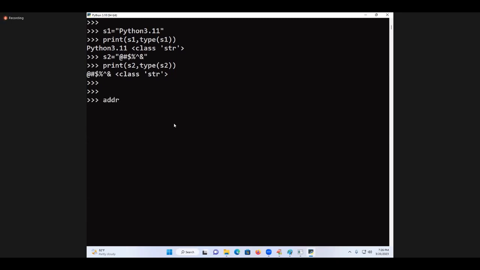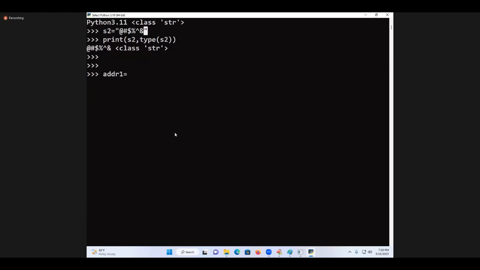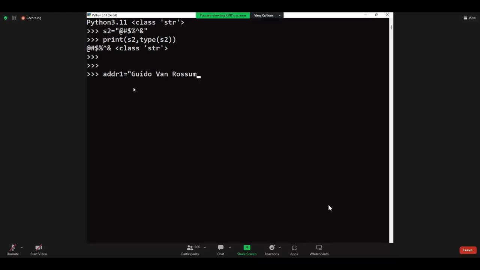See, ADDR1 is equal to, double quotes, I will write, my dear students, Guido Van Rossum. If I write within the double quotes, it will take only one line. Are you following?